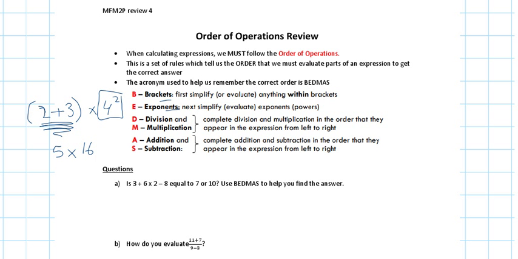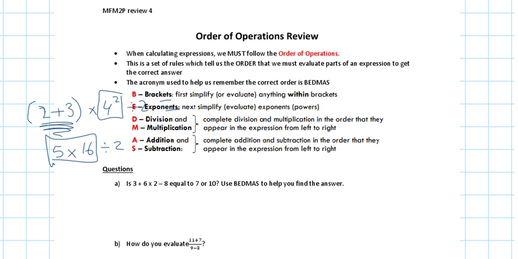So let's say I have that same thing, but I'm going to add one more thing to it. I'm going to add divided by 2 here, right? So I got my first steps down. Now, if I want to decide what to do next, what happens first, multiplication or division? Multiplication. So I must do the multiplication first, find the answer for this.